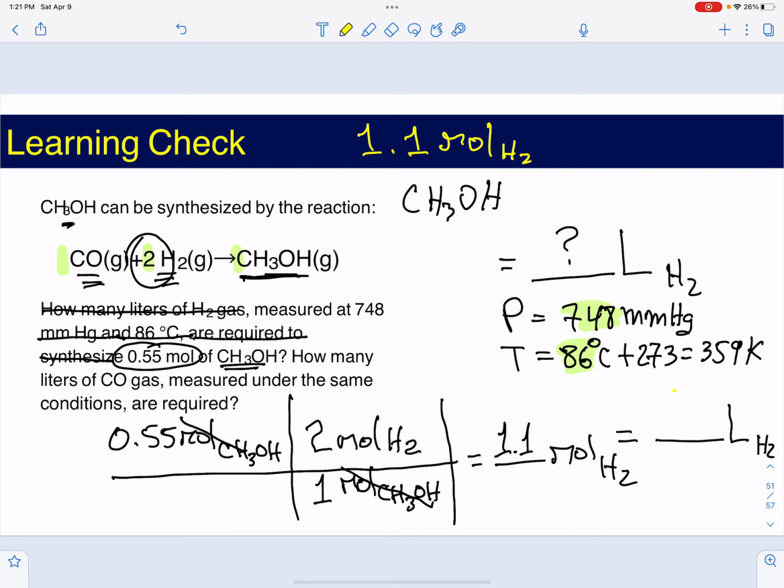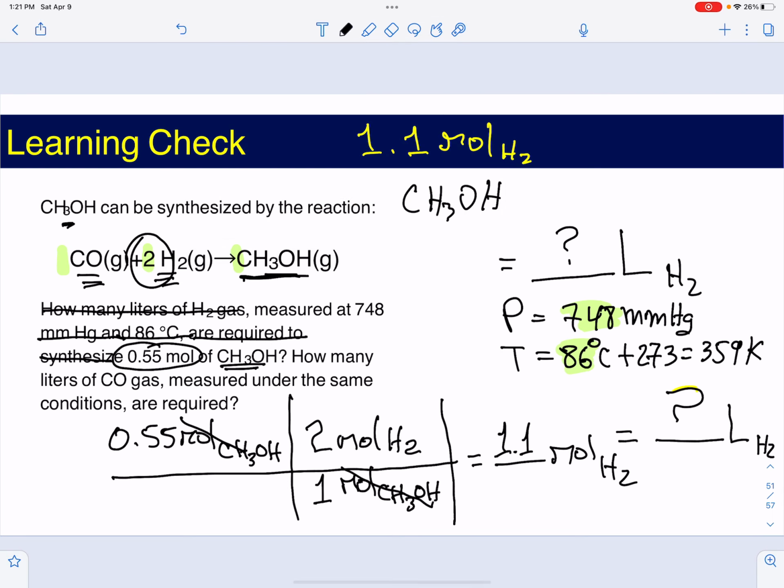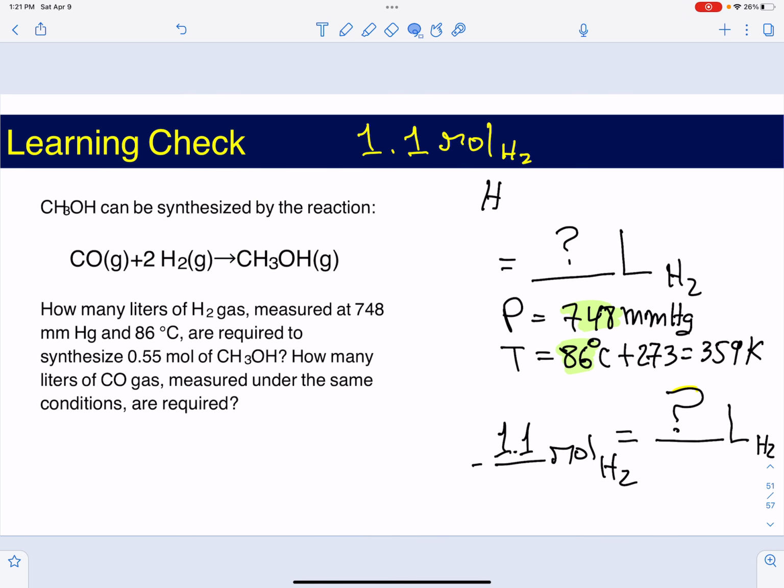The question is asking us to find the liters. So how do we do that if we cannot use 22.4 liters equals 1 mole because this is not STP? Well, there's only one way to do that. We're going to have to use the ideal gas law.